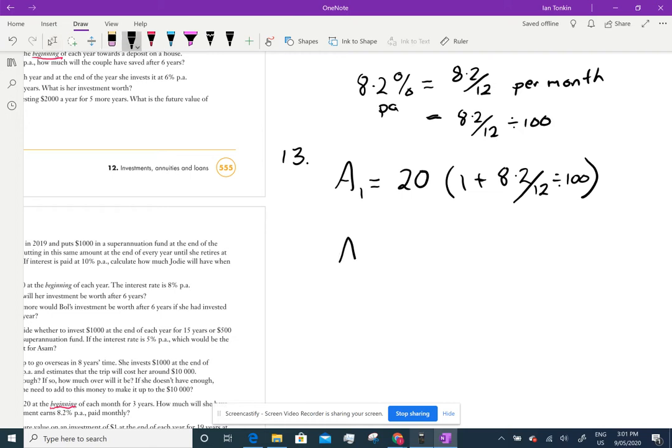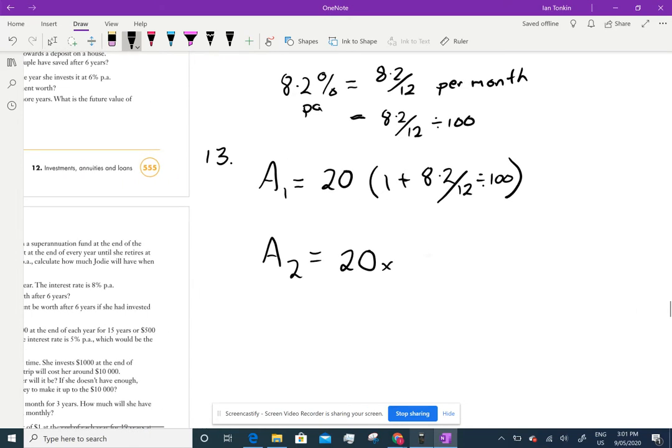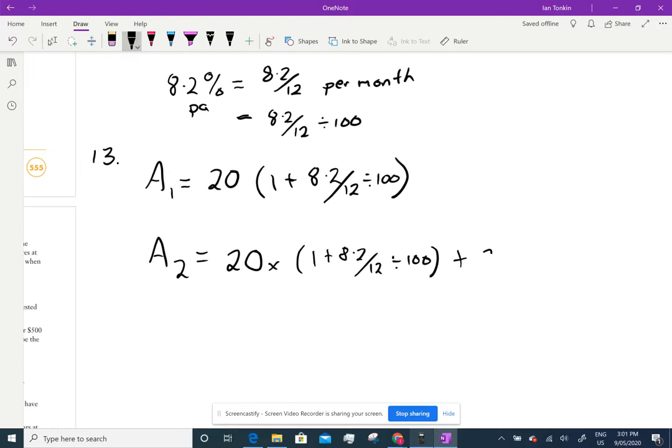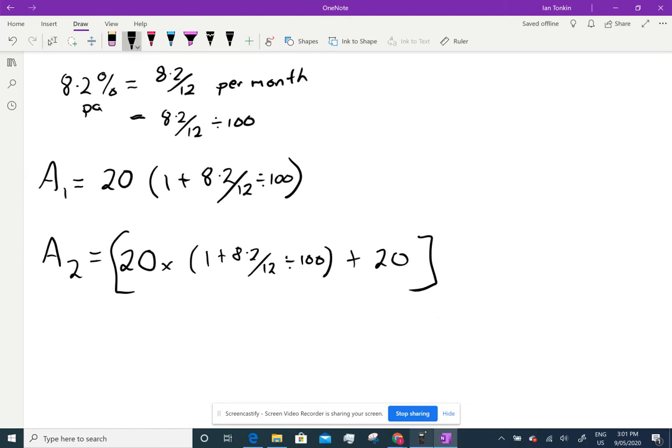At the end of the second month, there's 20 times, I'm going to really write this out. Hopefully you are good at this. 1 plus 8.2 on 12 divided by 100. She put in another $20, and all of that has earned 1 plus 8.2 divided by 12 divided by 100 again.